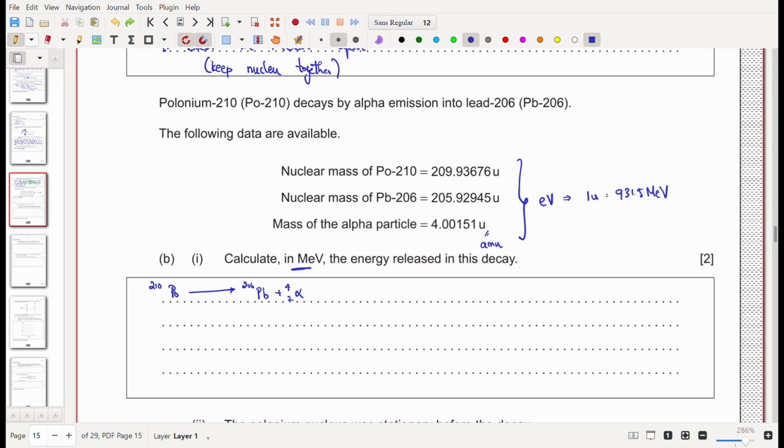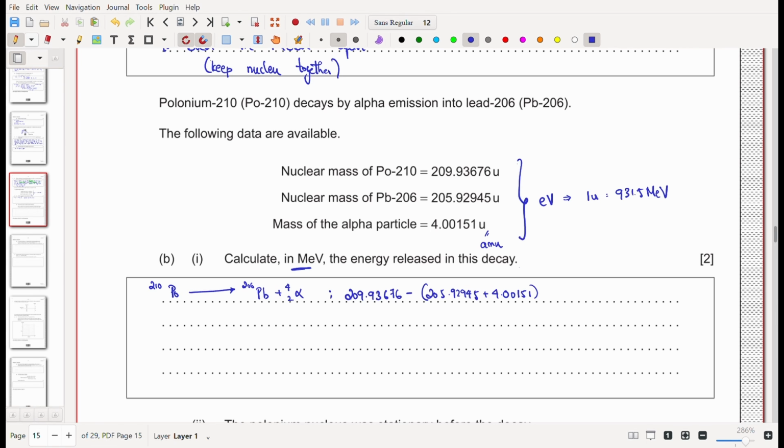So let's go ahead and do that. First of all, let's find the mass defect before we go on to energy. So to do this, let's take 209.98676 and subtract 205.92945 plus 4.00151. Watch your decimals, guys.